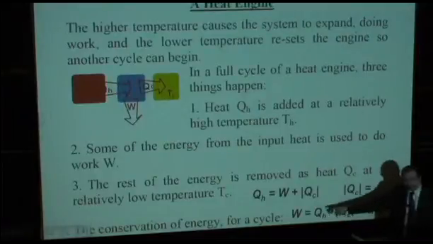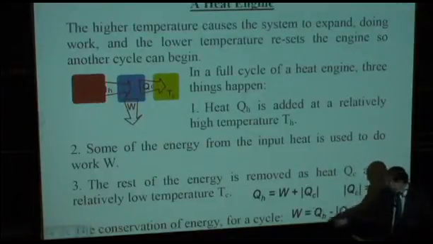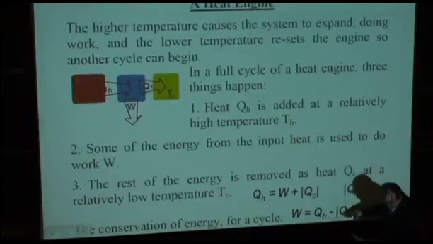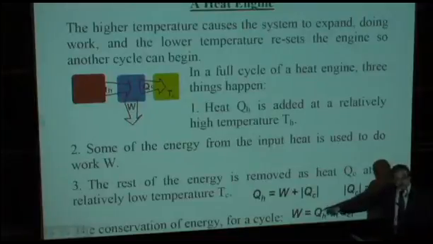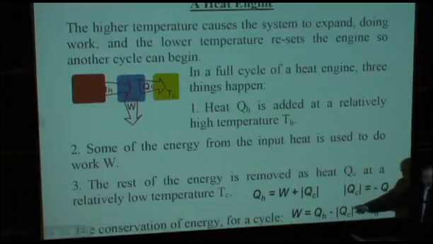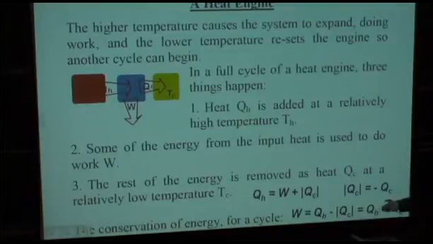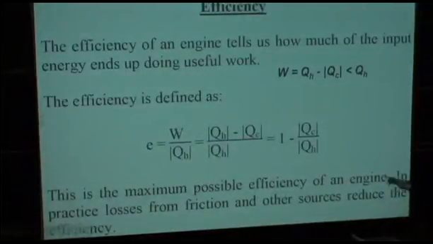We can calculate the amount of work done as the difference between the amount of heat supplied to the system and the magnitude of the heat lost. Well, if you use actual values, you can write it like this. You just have to remember that's a negative number. And because of an obvious relationship, the amount of work done is always less than the amount of heat absorbed by the system.